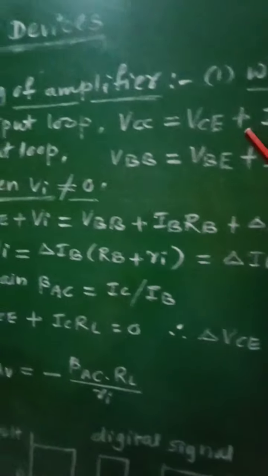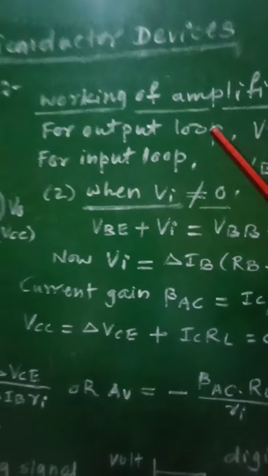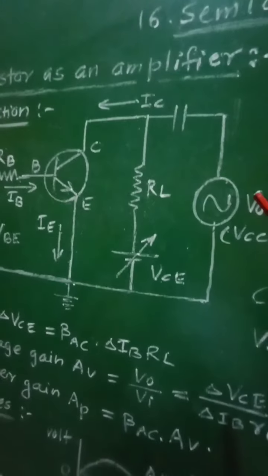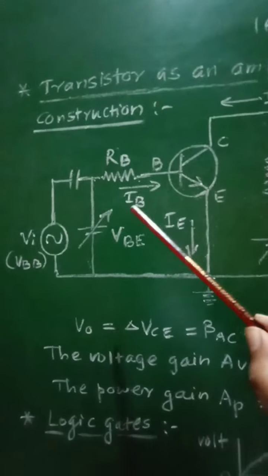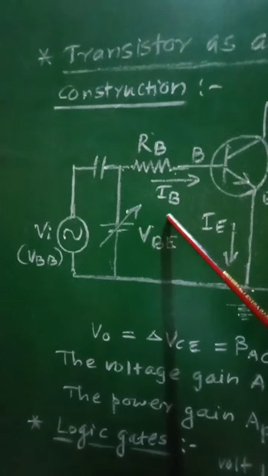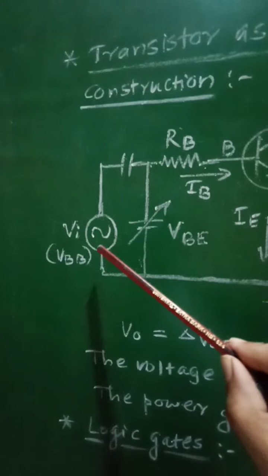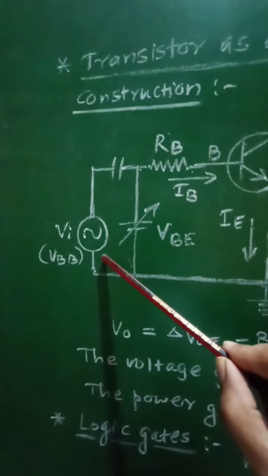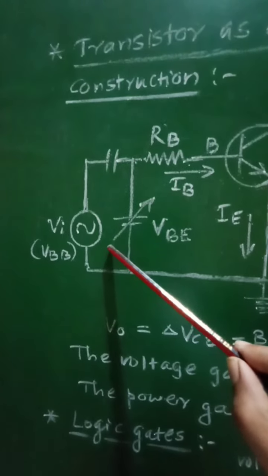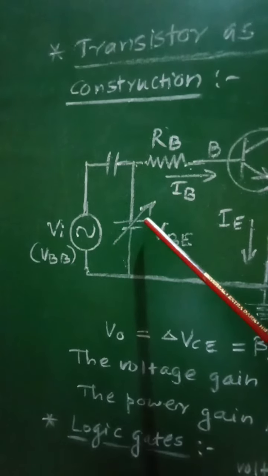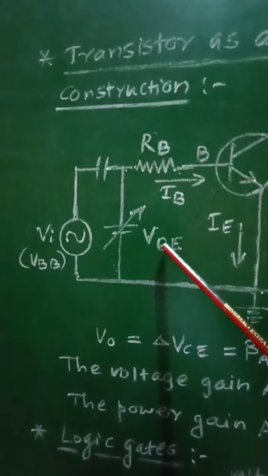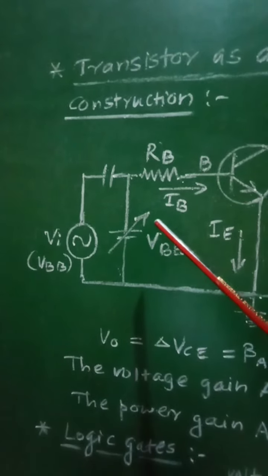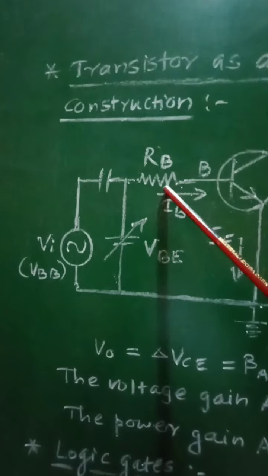Now similarly we can write for the input loop. For this input loop, VBB will be equal to the sum of VBE plus IB into RB.